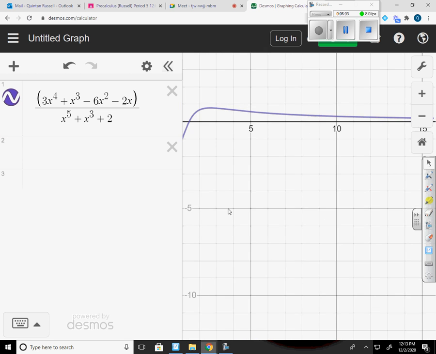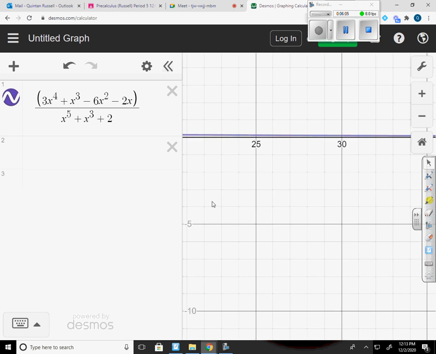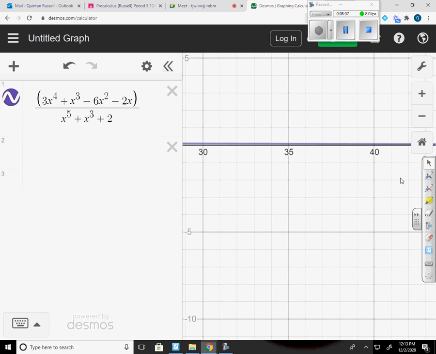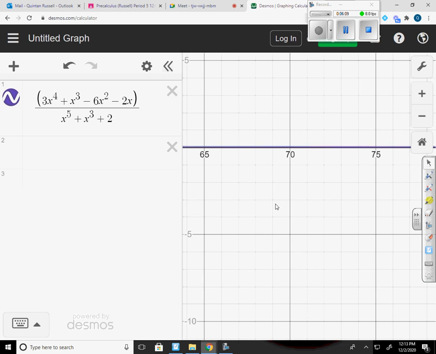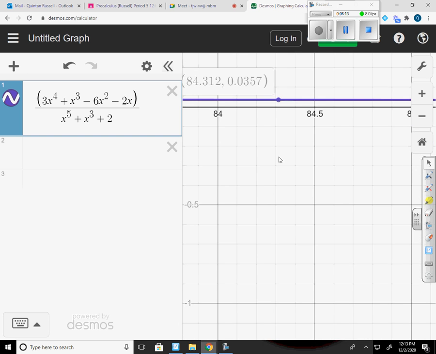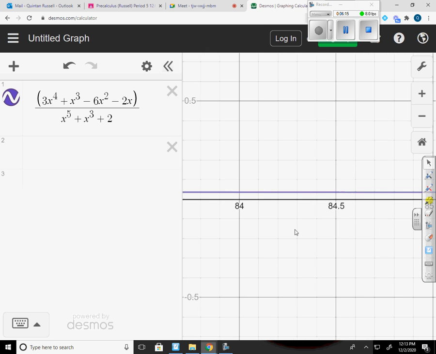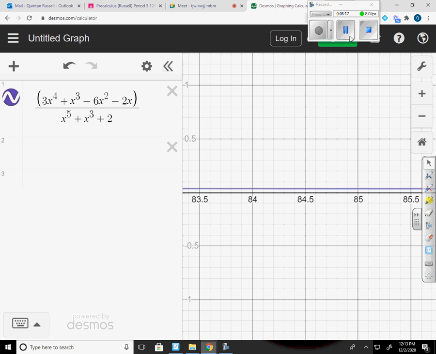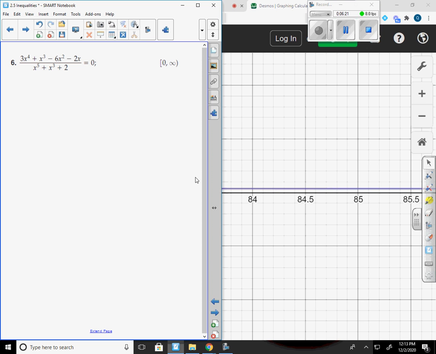And then if I just continue to go out, you're going to see that this forms what's called an asymptote, where it gets closer and closer, and it looks like it's actually on the line, but I can see that there's still a gap. So that's it for that one. There's only the 2 spots.